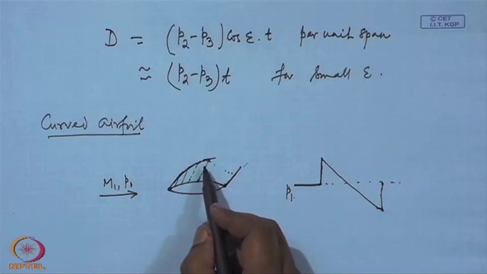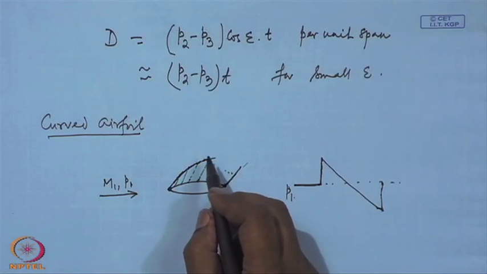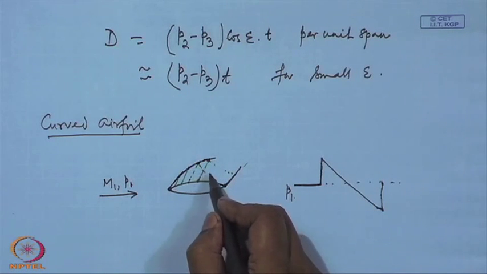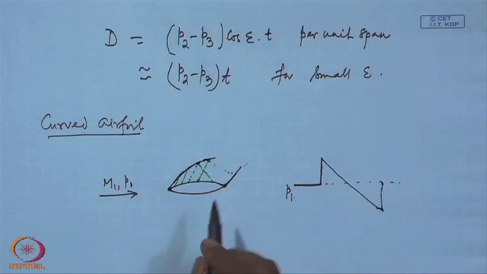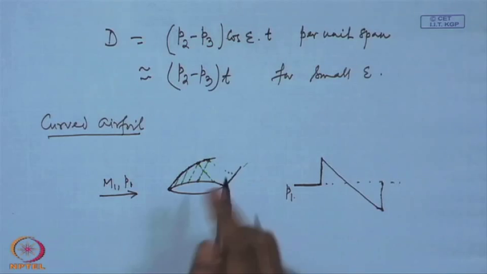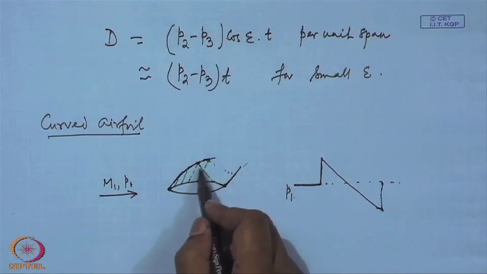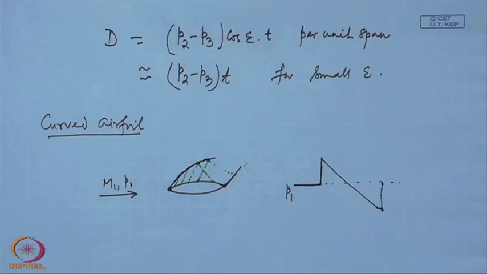Not only that, even these reflected waves may interact on the airfoil surface, and through these interactions there will be continuous change in entropy and also of vorticity, and the flow will be rotational, even though this is inviscid flow.